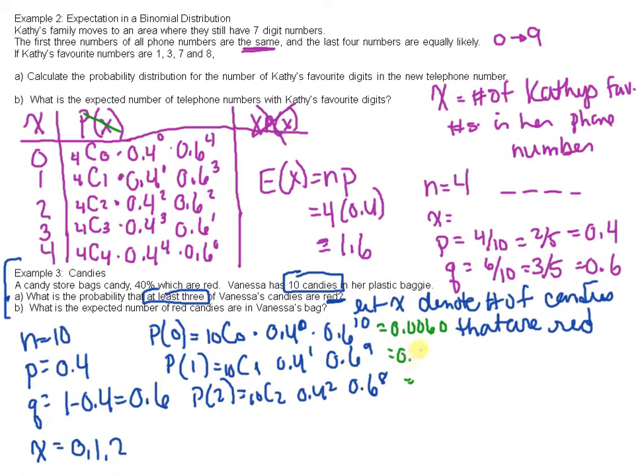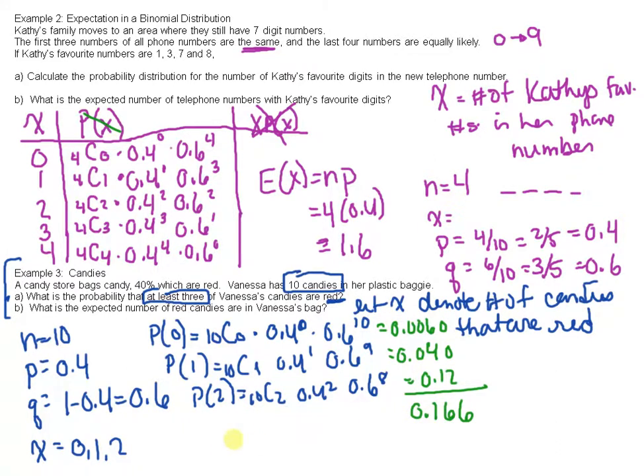I get 0.04. Okay, and then 10 choose 2, 0.4 to the 2, 0.6 to the 8. I get 0.12. Okay, so 0.12 plus 0.040 plus 0.0060. So I get 0.166 for the probability of 0, 1, and 2.